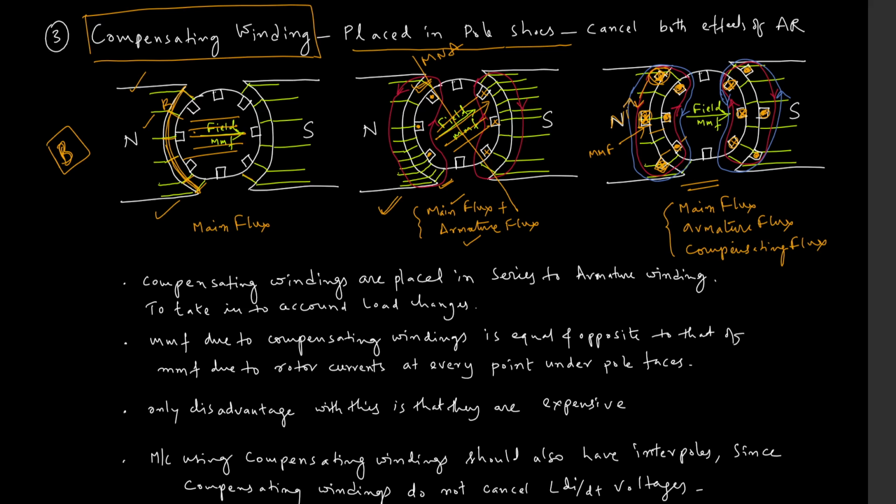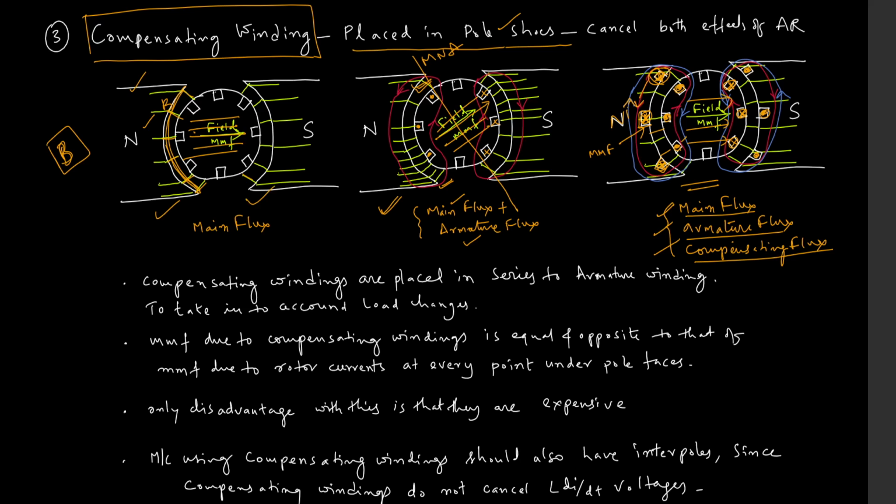Have you followed? The compensating windings are placed in the slots of the pole shoes, and they conduct current opposite to that of the armature currents exactly under this pole. So this is the cumulative effect of main flux, armature flux and compensating flux. Due to the nullification, the flux in the rotor will be as usual, as in the first case.